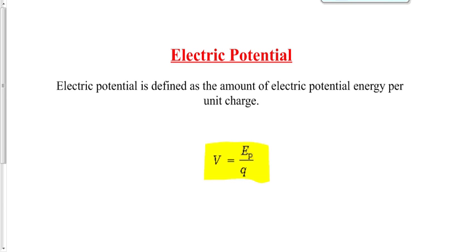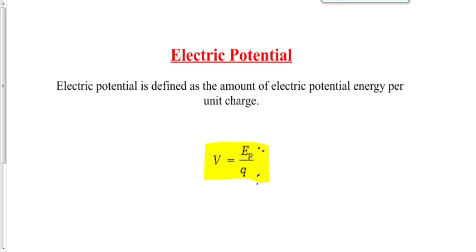So potential energy is 100 because that's the total that we all have combined. Potential would be 4 because if you take 100 and divide it by the amount of people in the room, 25, we'd end up having $4 per person. We're not talking about money though, we're talking about energy. So potential is going to be not money per person, but energy per charge, energy per coulomb of charge.